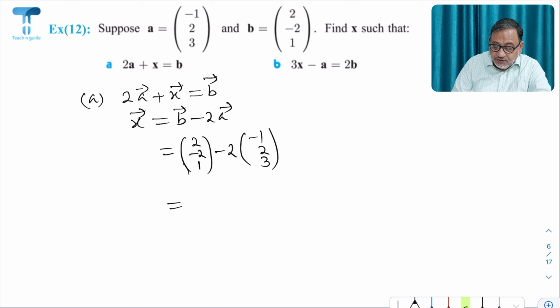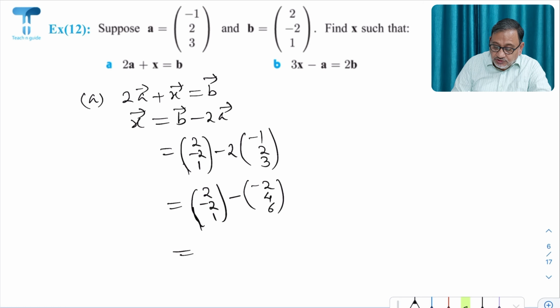Now after simplifying, I will multiply inside each one of them. So 2 into -1 is -2, 2 into 2 is 4, 2 into 3 is 6.